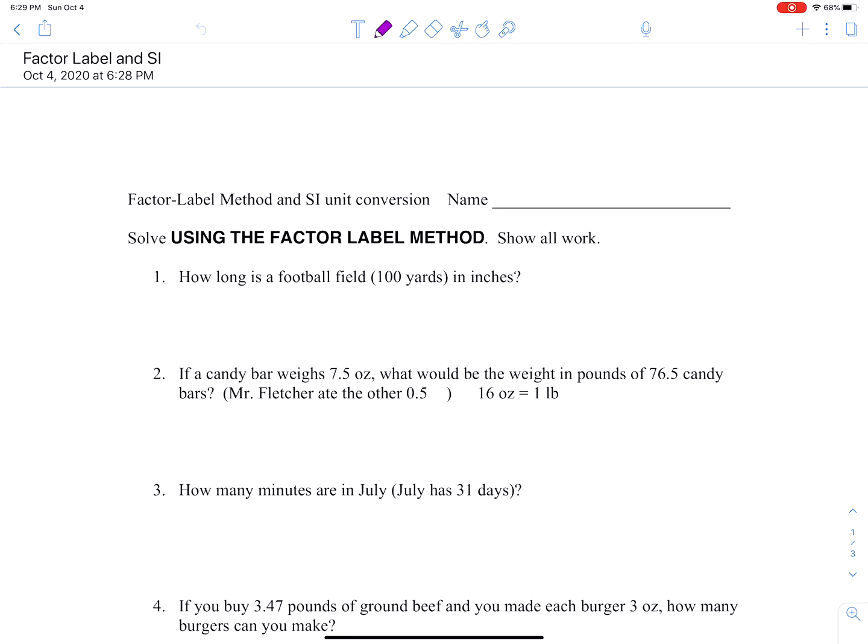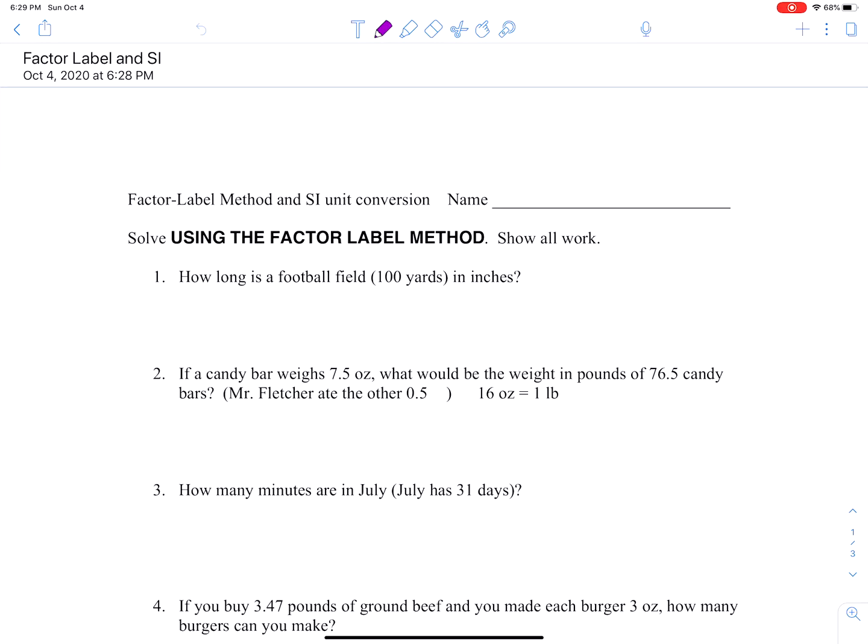Method. And we already have started some of this in class with the metric conversions, but I wanted to put more emphasis on this because this is a very good problem-solving skill to have. So factor label, or dimensional analysis, as we call it, is a process in which we solve word problems and we make sure we line up the units so they cancel out.